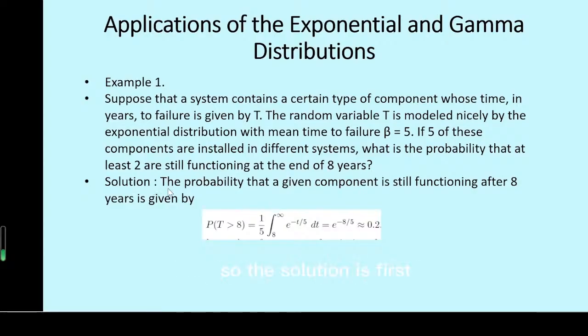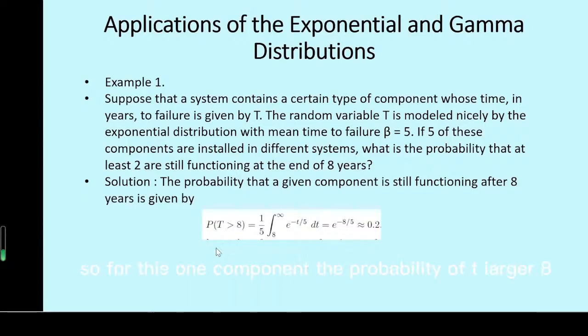The solution: first, the probability that a given component is still functioning after 8 years. We focus on only one component first.